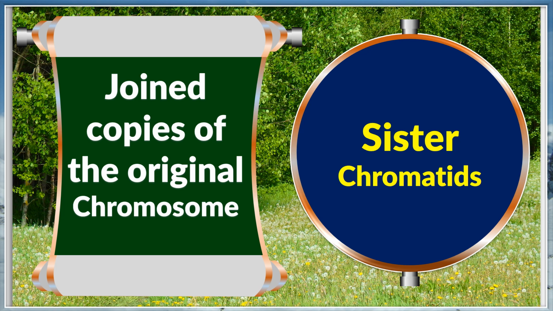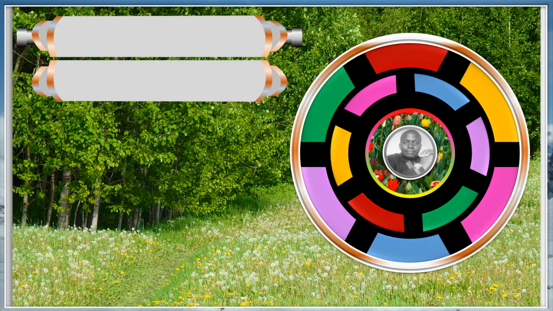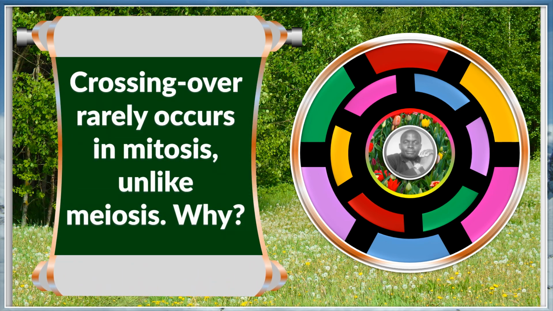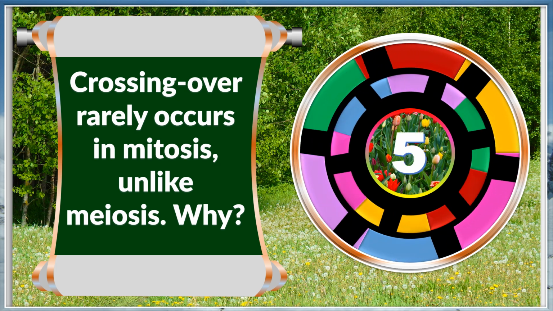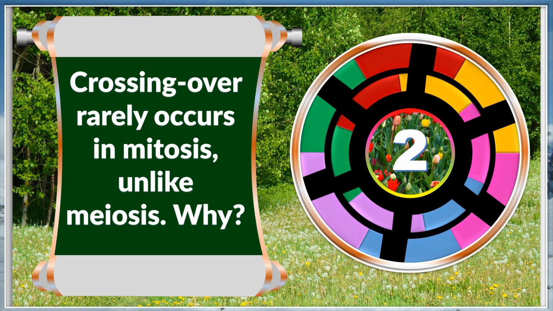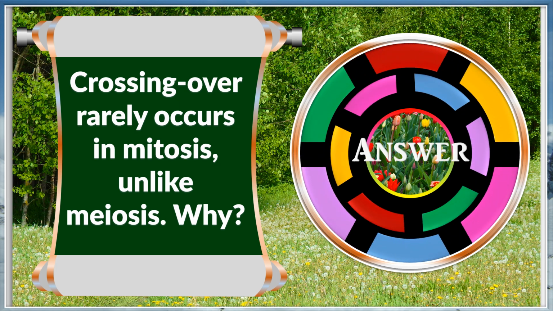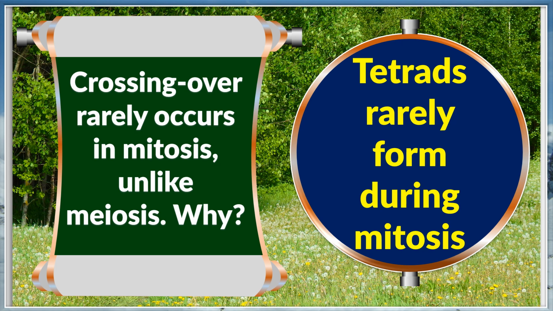Sister chromatids. Crossing over rarely occurs in mitosis, unlike meiosis. Why? Tetrads rarely form during mitosis.